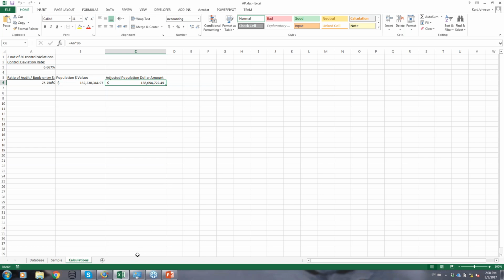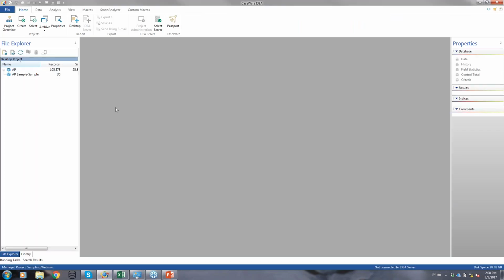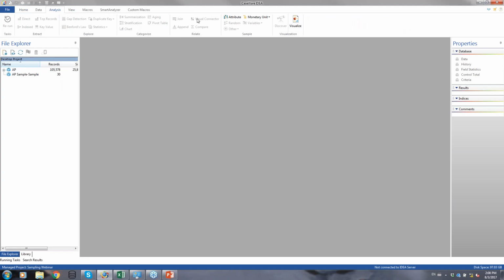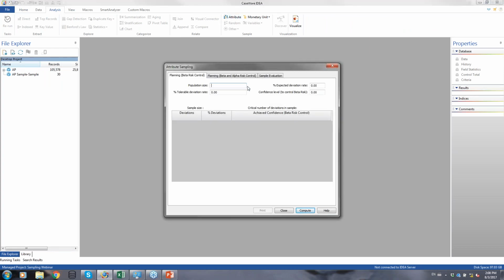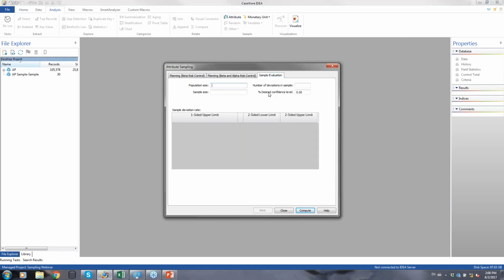Okay, so now the question becomes: how confident can we be in these projection numbers that we came up with based on our sample of 30? Well, if we flip over to IDEA, IDEA can answer some of those questions for us.